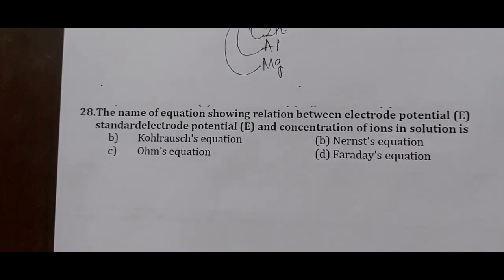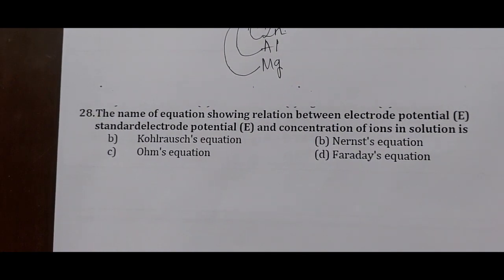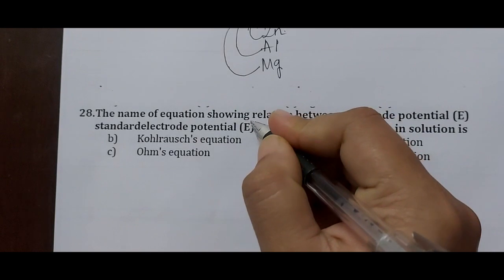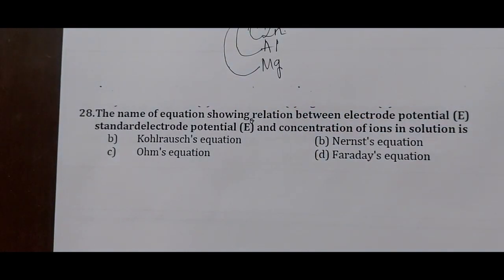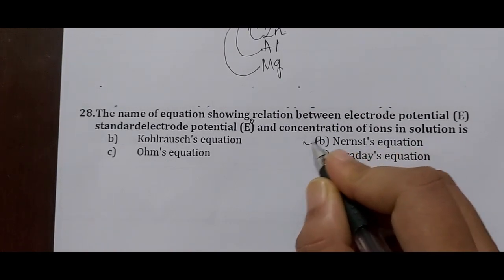Next, question number 28. The name of the equation showing the relation between electrode potential E, standard electrode potential E naught, and concentration of ions in solution. So it is nothing but the Nernst equation.